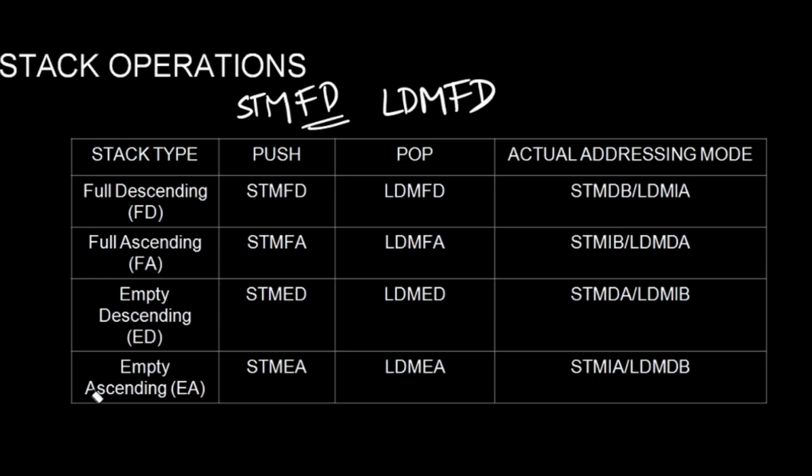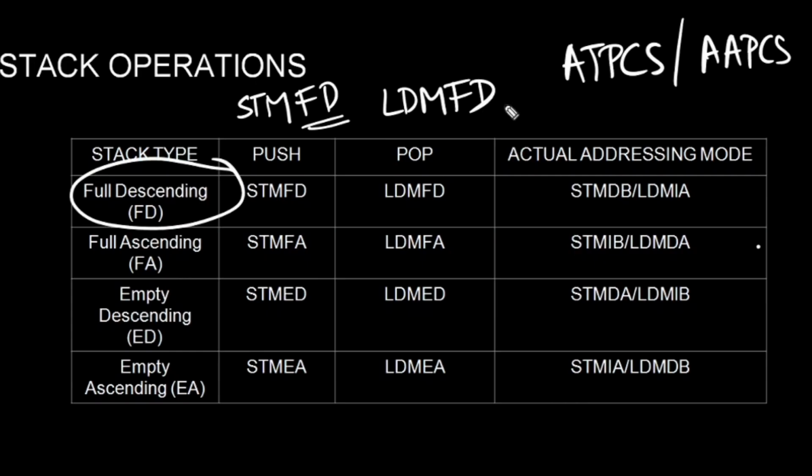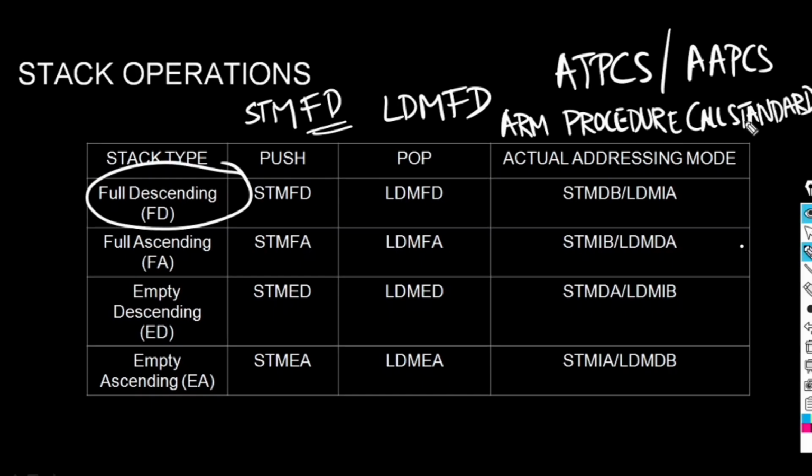And one more thing you should know is, when you consider which exact stack model is used in case of ARM7, it is always full descending. The reason for that is we have something called the ARM procedure call standard. This is nothing but a set of rules used by compilers like Keil and operating systems to guarantee interoperability between different code modules.